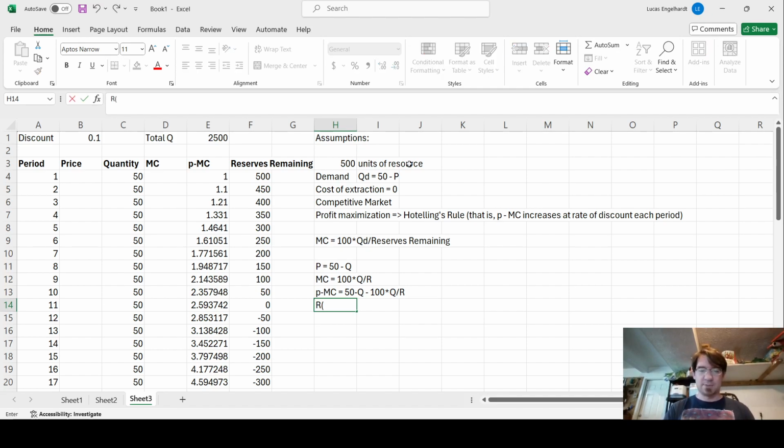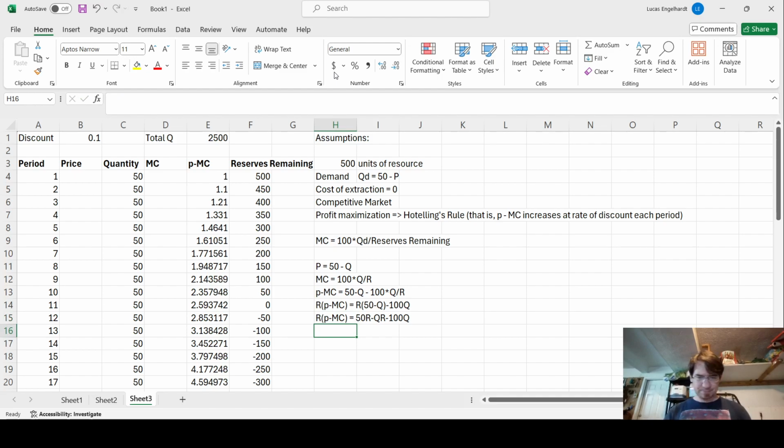We've got R times P minus MC equals another R times 50 minus Q minus 100Q. Do some distribution here. R times P minus MC, then we have R, 50R minus QR minus 100.